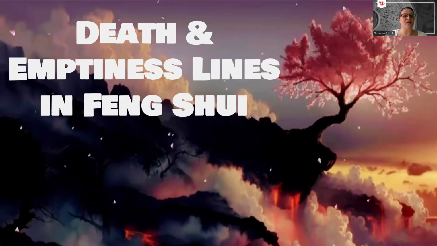Now, in order to understand the concept of death and emptiness lines, I assume that you know how to measure the facing of a property, right? So I'm not going to go into this. This is a little bit of an advanced topic for those who understand Feng Shui or have at least the basic concepts down. So this has to do with the facing direction of a property and what happens when it faces a death and emptiness line.